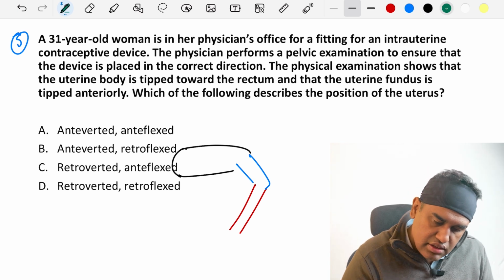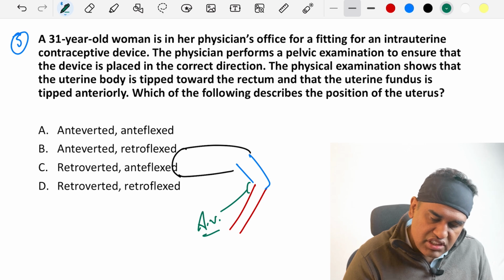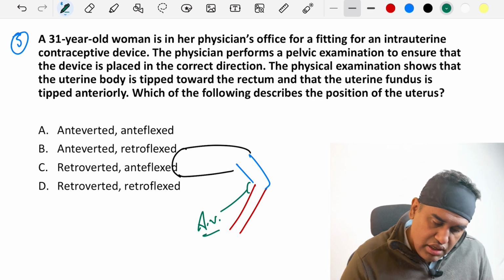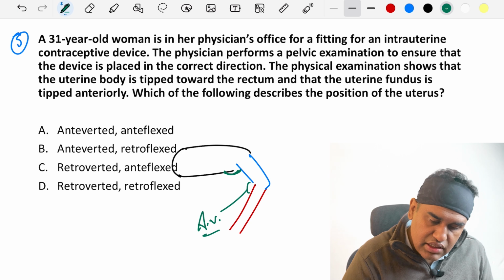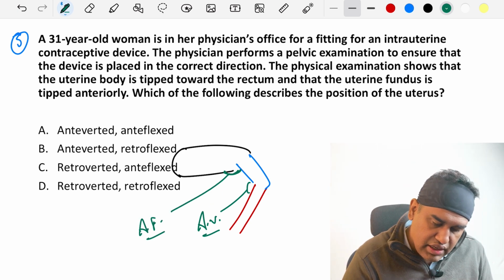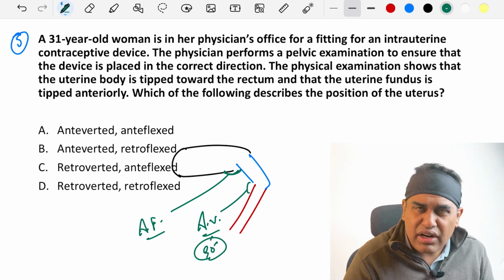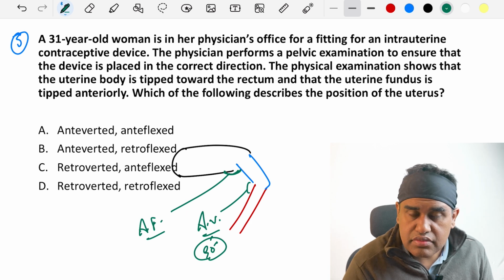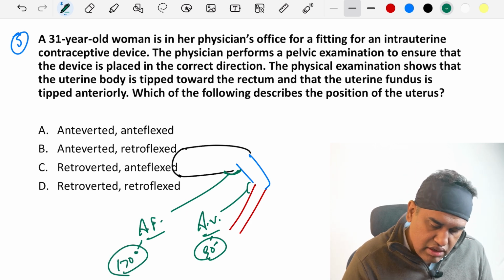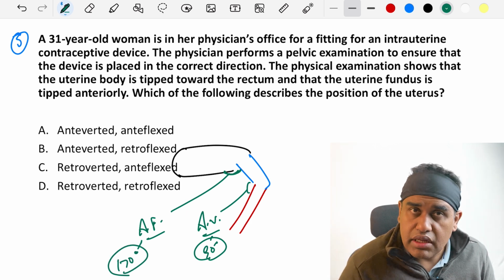If we go to the angles, the angle between vagina and cervix is the anteversion angle. V for version, V for vagina, remember. The angle between the cervix and the uterine body is known as AF, the anteflexion part. Normal anteversion is around 90 degrees, and anteflexion is around 170 degrees, an approximate mean number.